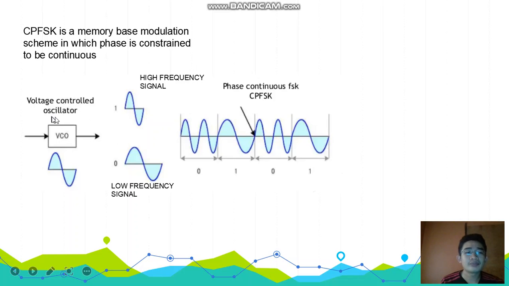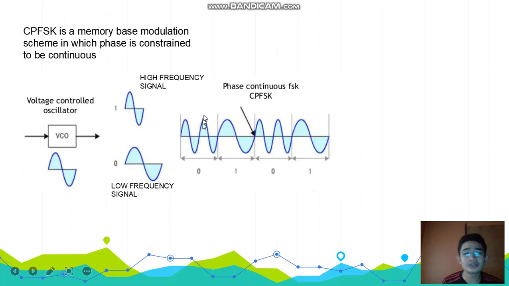For example, in a voltage controlled oscillator, the binary 1 is the high frequency signal and the binary 0 is the low frequency signal. In binary 1, the waveform cycles are near to each other, and in the low frequency signal the waveform cycles are far from each other, but there is no discontinuity. This is an example of a CPFSK diagram and waveform.